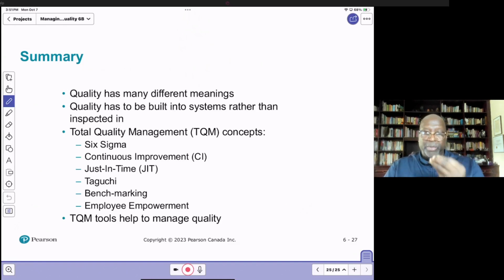To qualify to actually do business, you must come to the table with a high level of quality and match existing competitors if you're competing, or meet the expectations of customers if it's a not-for-profit. All right? So remember, quality management is still very much in the forefront of organizational performance.